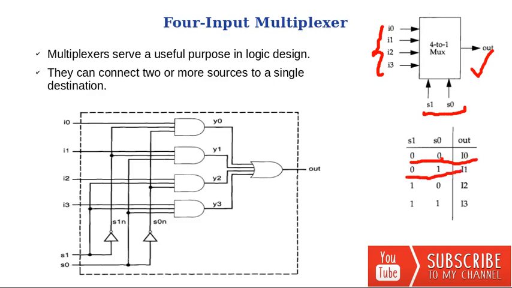For 0 1 we select I1 to the output. For 1 0 we obtain I2 at the output. Similarly for 1 1 we obtain I3 at the output. Here it shows the schematic diagram for the 4 input multiplexer.